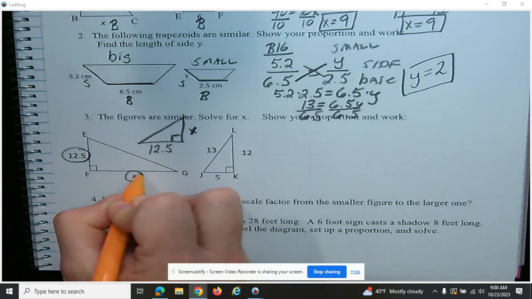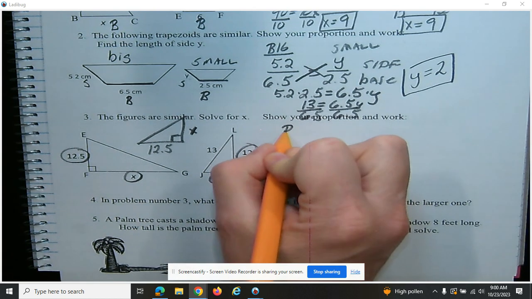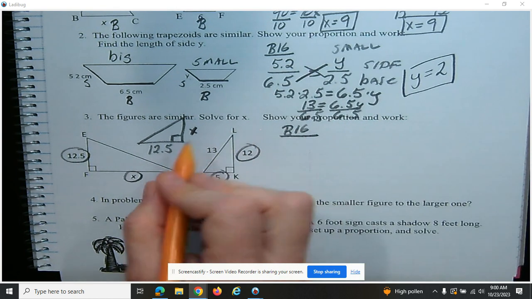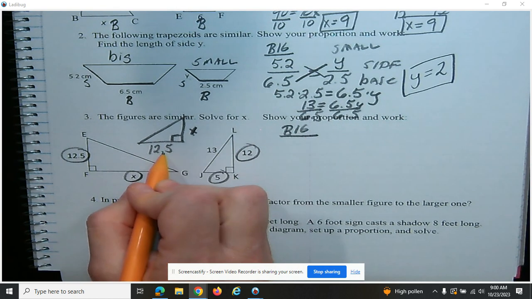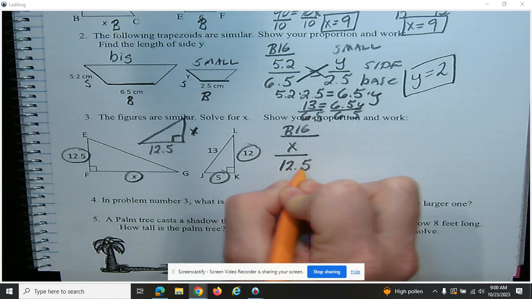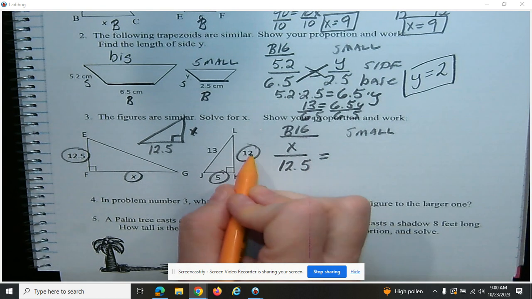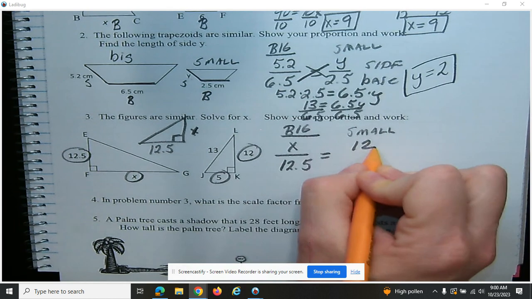So I'm going to use these 4 numbers. I have the big one, and I'm going to say side over the base. I've got my small one, and I'm going to say side over base.